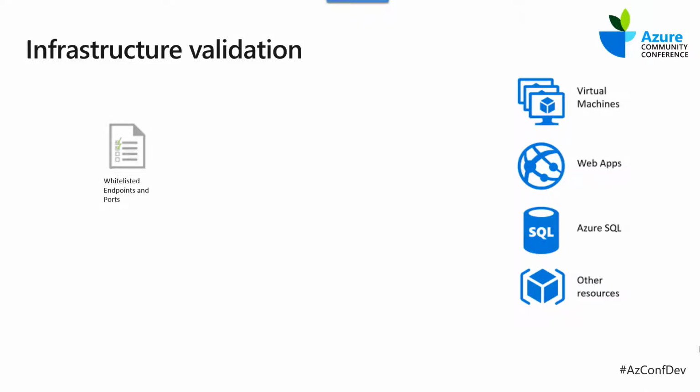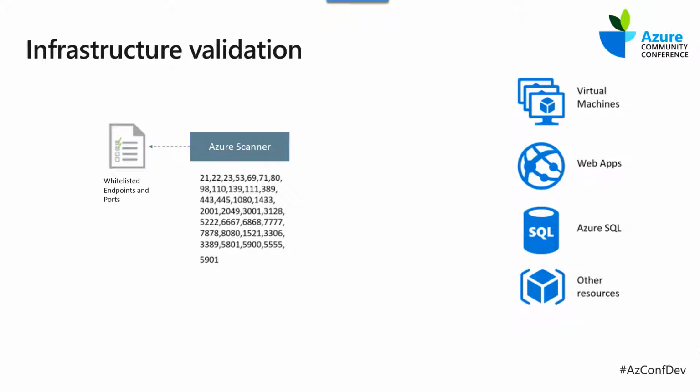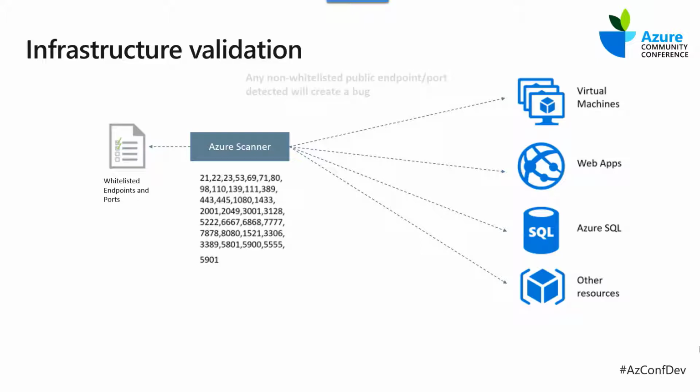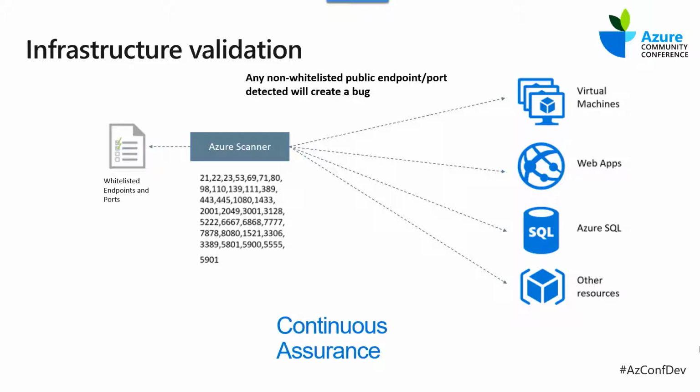For example, if we have whitelisted endpoint ports, then we're using Azure Scan to scan these whitelisted endpoints to make sure that we don't have any port open that is not in our whitelist. And of course, any non-whitelisted port will be considered as a bug or a problem.